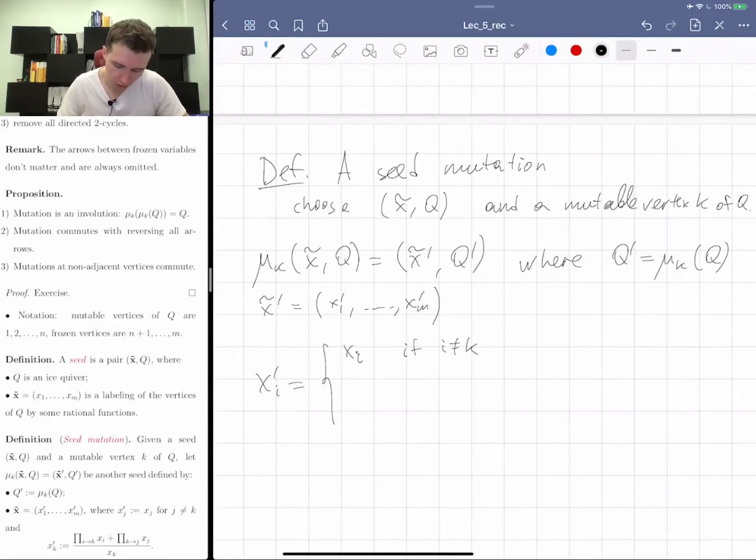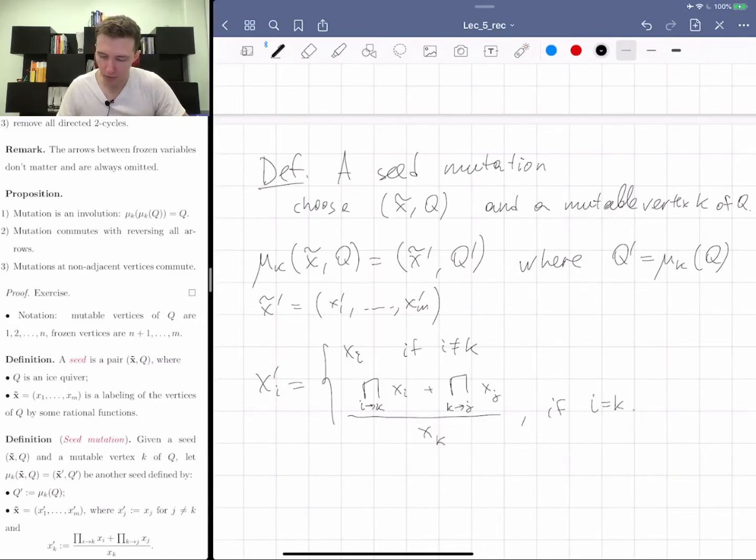The recipe for that is a subtraction-free expression of the following type: in the denominator I'm going to have xk, and in the numerator I'm going to have the product over all incoming arrows of x sub i plus the product over all outgoing arrows of x sub j, divided by x sub k. And that's if i is equal to k.